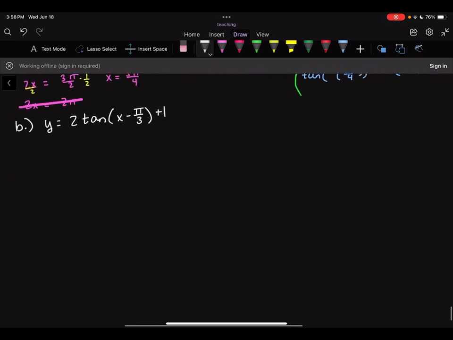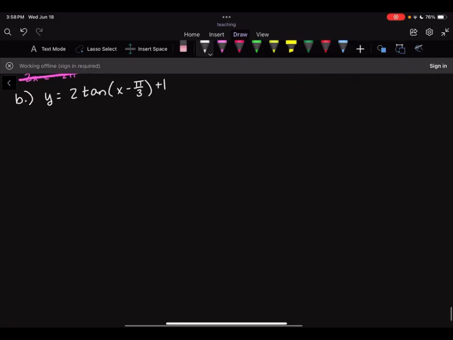So I got a few different things going on here. And I want the period, the amplitude, the phase shift, vertical shift, and asymptotes.